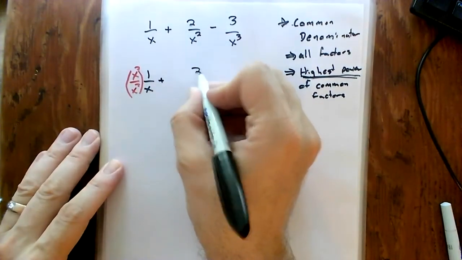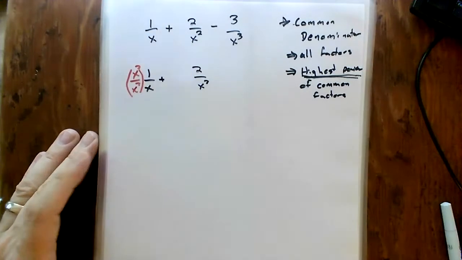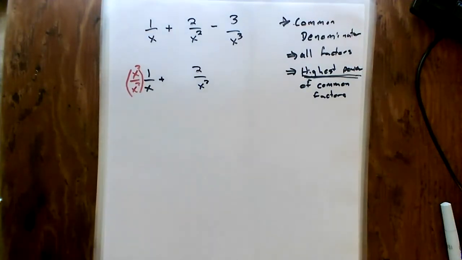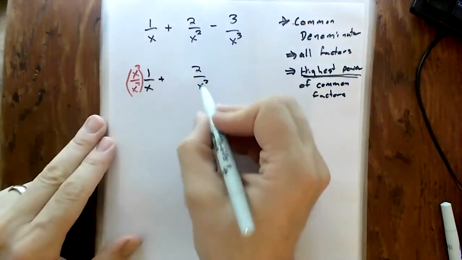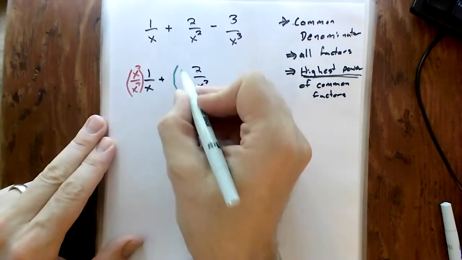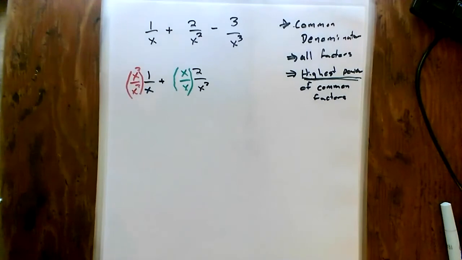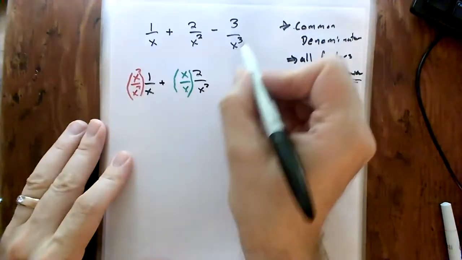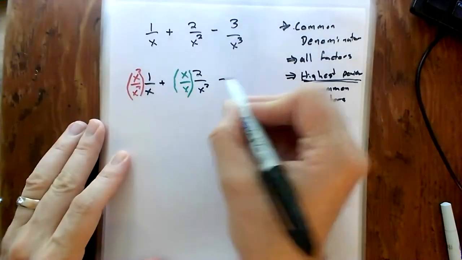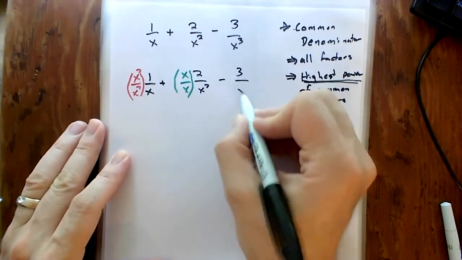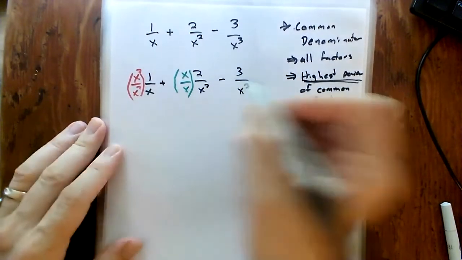Now with my 2 over x squared, I only need to have this be x cubed, so I'm just going to multiply this one by x over x. And I already have that x to the third power for this last term, so this is just going to be 3 over x cubed. I don't need to do anything to that one.